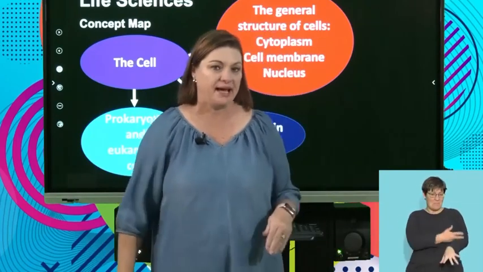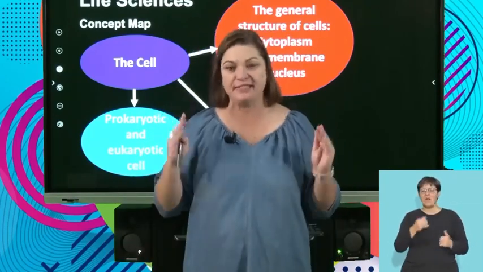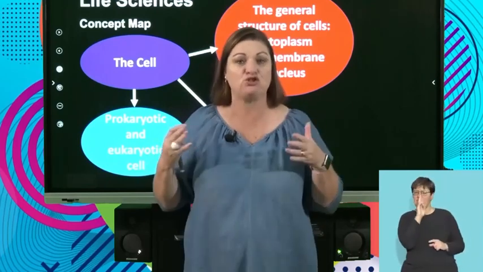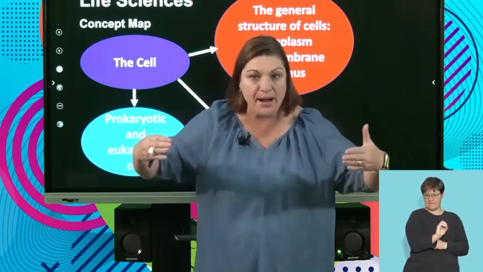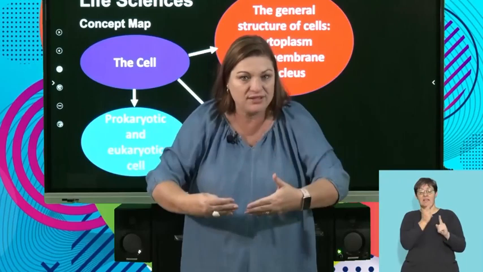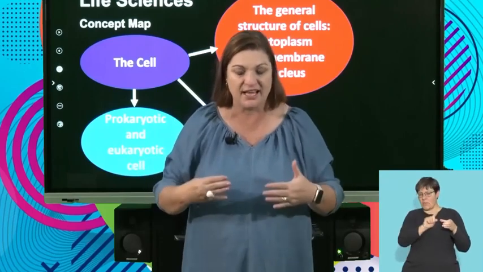Let's quickly recap. We're looking at this concept of a cell. When we look at the concept of a cell, we can see that there's a structure that has a boundary around it, okay? And we looked at what was filled on the inside, the cytoplasm.